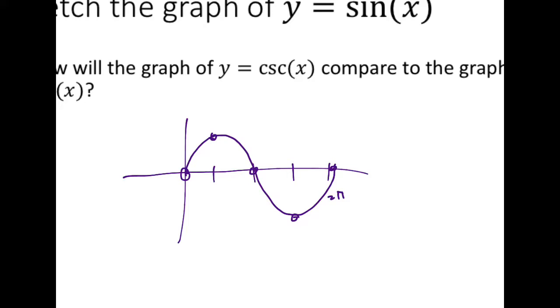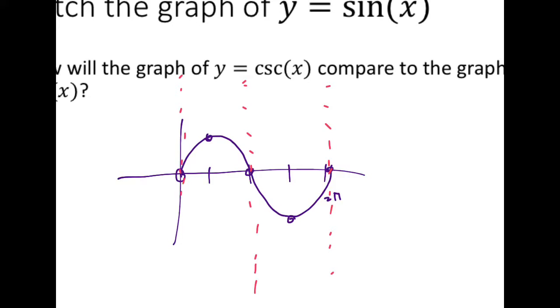All right, well, think about what we said. Anywhere we have zeros, we will get vertical asymptotes. So I'm going to have 3 vertical asymptotes right there. And our function will approach either positive or negative infinity as the sine function approaches those asymptotes, and it depends on whether or not it is positive or negative.